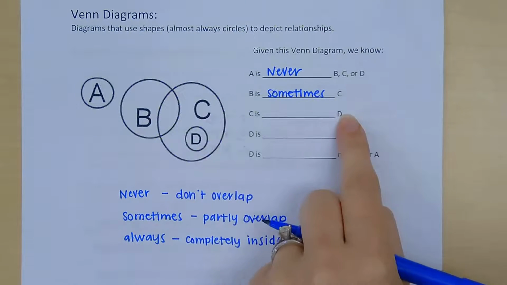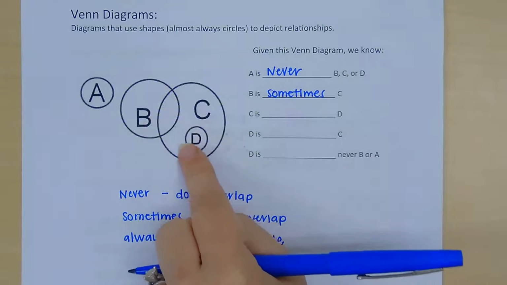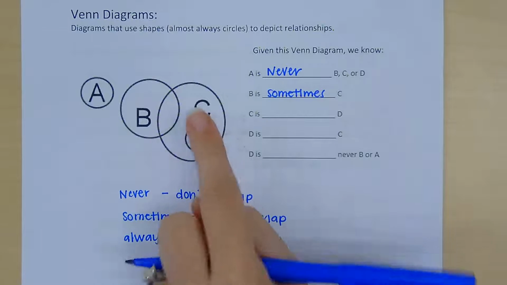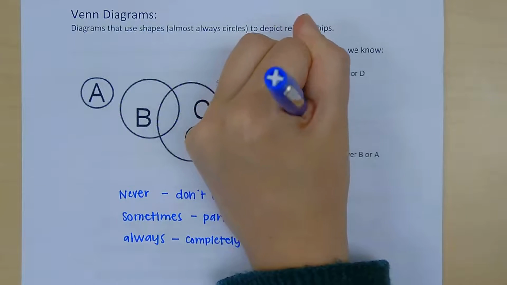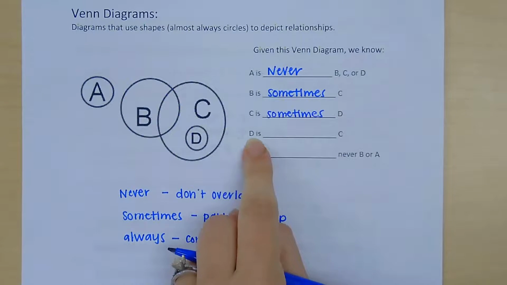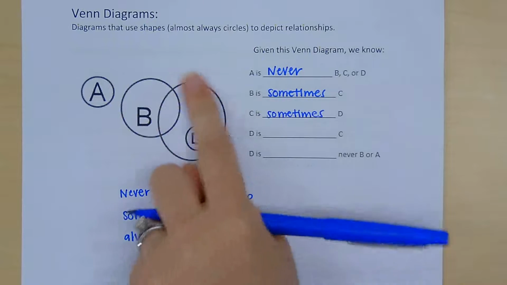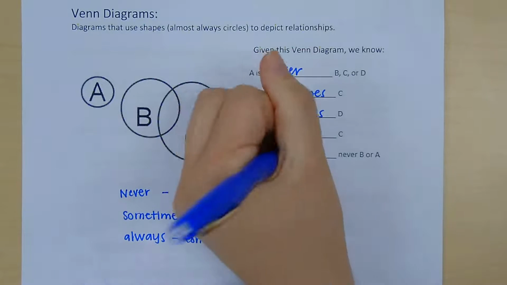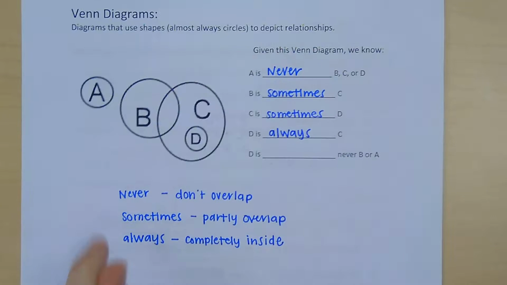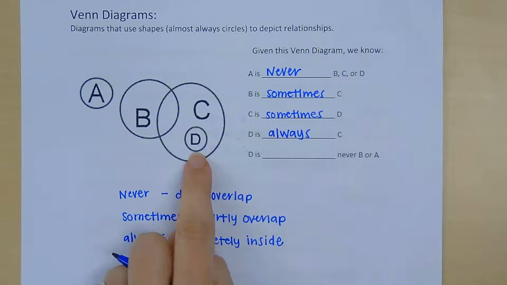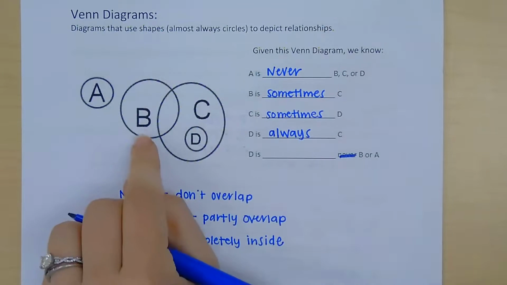C is blank to D. Well, C only partially overlaps D. C is bigger than D, so C is only sometimes D. D is completely inside C, so D is always C. And the last one is that D is what compared to B or A?